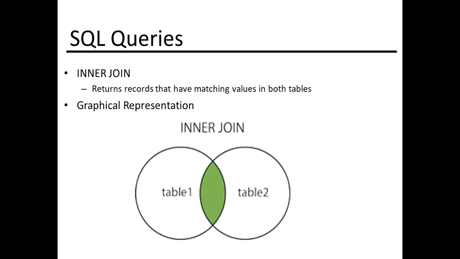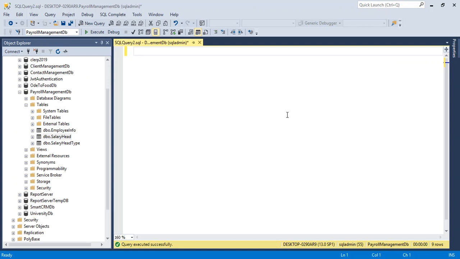Now let's take a look in a query window. In the previous tutorial we discussed the creation of two tables and populated data for salary head and salary head type.